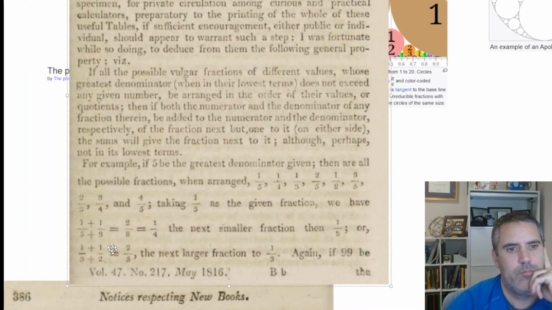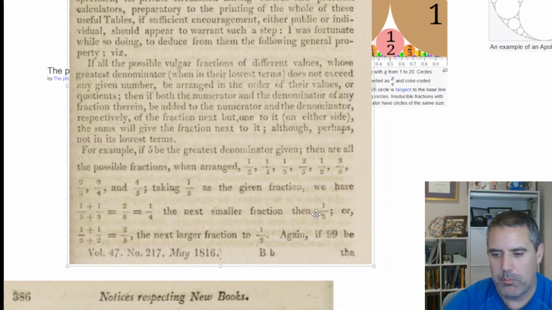You get the following. This adds the numerators and denominators. In fact, he did add the numerators and denominators of 1/5 and 1/3, which are not adjacent so we wouldn't be adding those, but an interesting little piece.